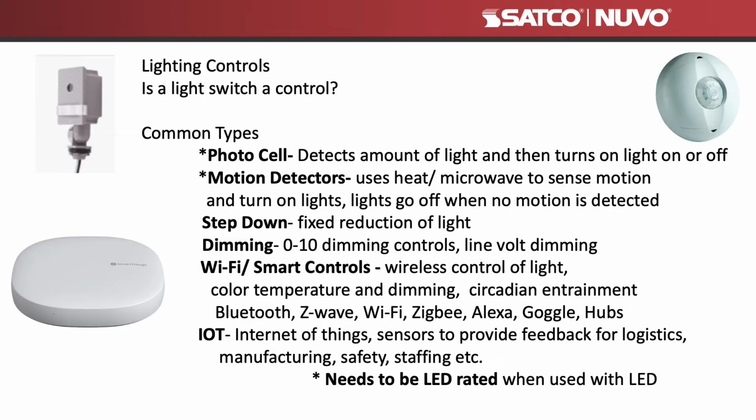Lighting controls. Is a light switch a control? Well, of course it is. This section really should be automated controls. Think about a warehouse. A warehouse has got many lights on, and in an 8-hour shift, if they're on all day, it probably doesn't make a lot of sense.